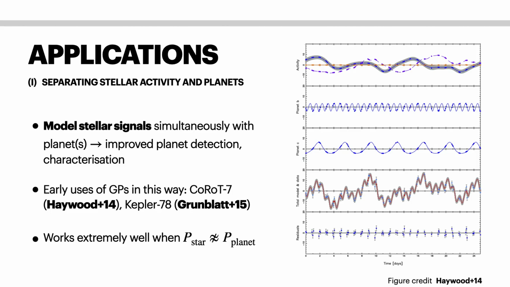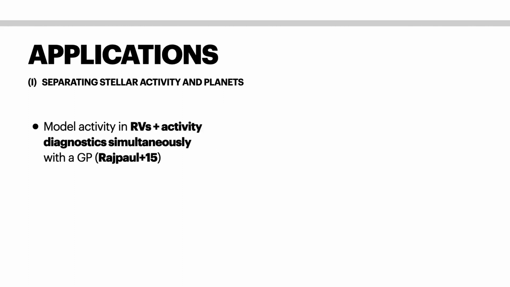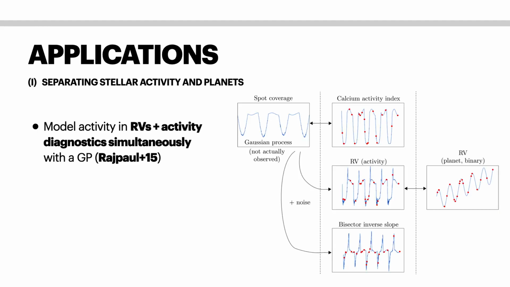And this approach usually works extremely well, except when a star's rotation period is similar to a planet's orbital period, and then you can run into problems, because the GP by itself doesn't necessarily know whether it's fitting a star or a planet. So during my PhD, my supervisor and I developed a framework to address this problem.